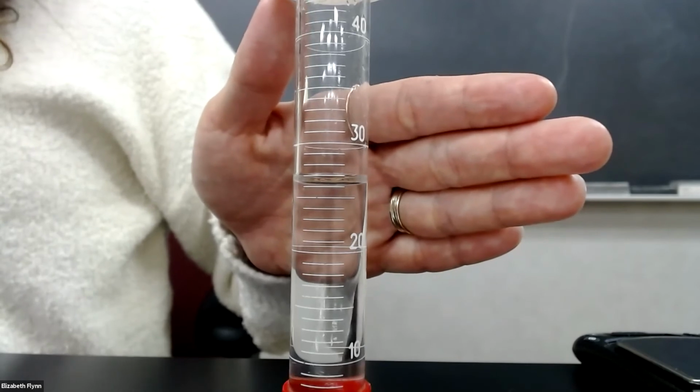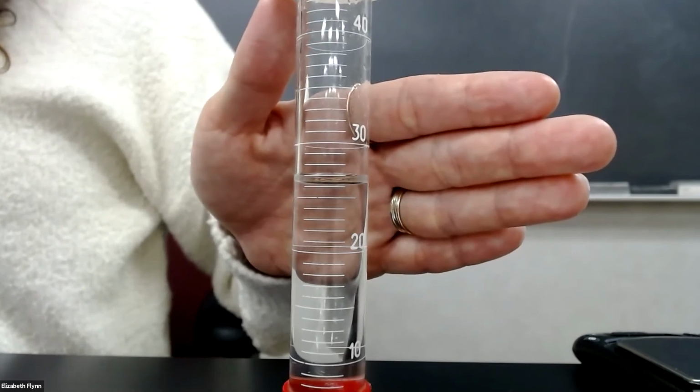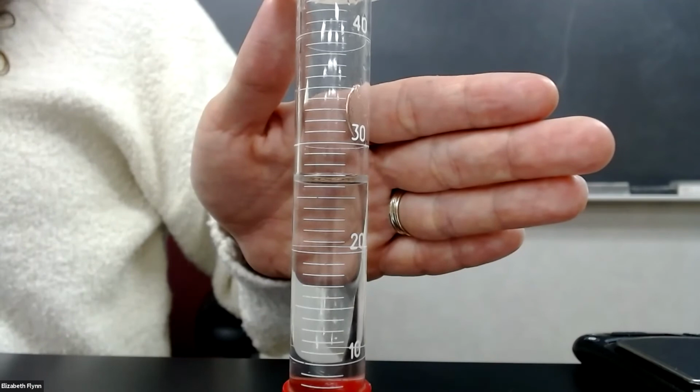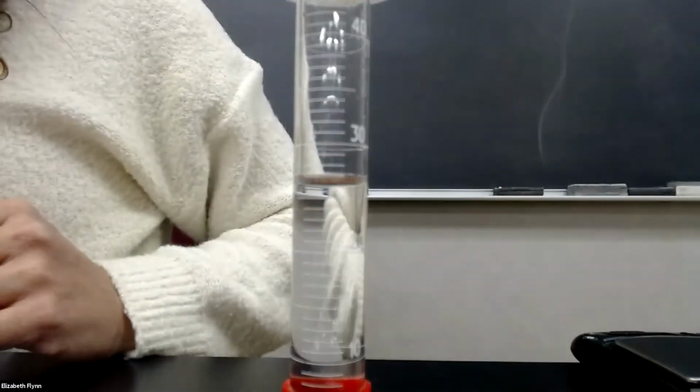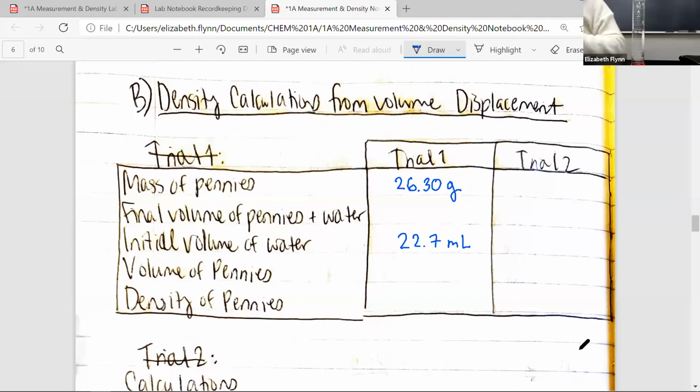Yep. If you said 26.0, you are correct. So 26.0 milliliters here for the final volume of the pennies in the water.